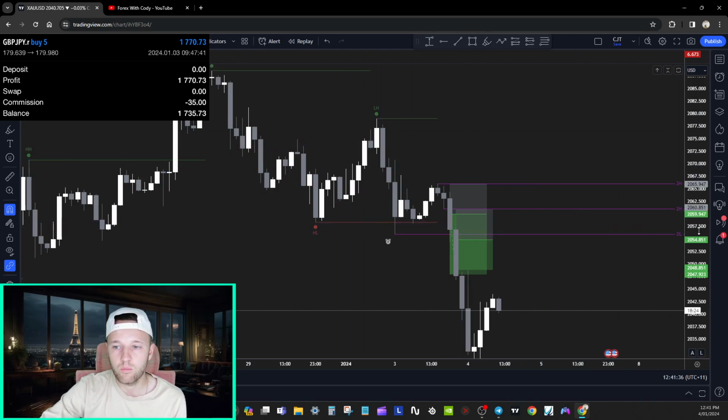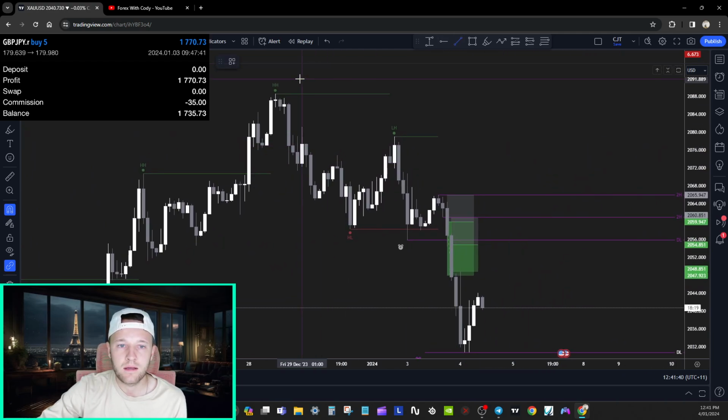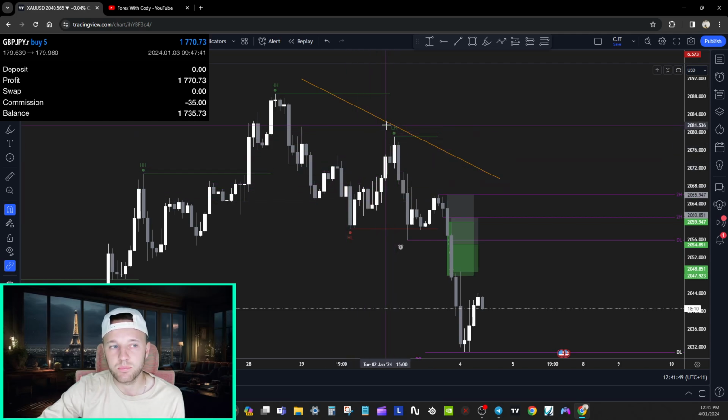Basically what we saw here, if we turn on the market structure indicator, we can see bearish market structure trending down, right? We can see higher highs right here, but then we can see a higher low. So the market was bullish, right? But then price tried to continue bullish here on gold, failed to continue back up to previous higher highs.